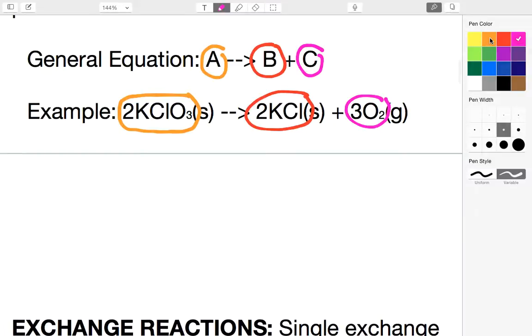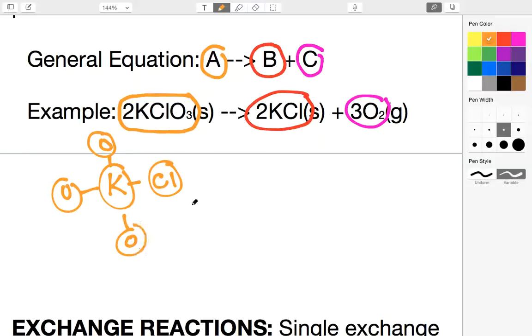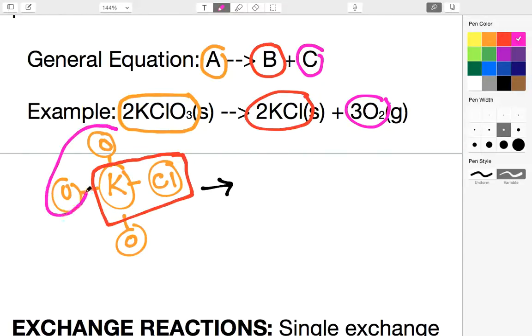Right? So in other words, you can think of it this way, where I have this molecule, KCl, and an oxygen. Then it's going to break apart where it's going to make KCl, which is this part of the molecule. And then these two are going to recombine to form this part of the molecule.